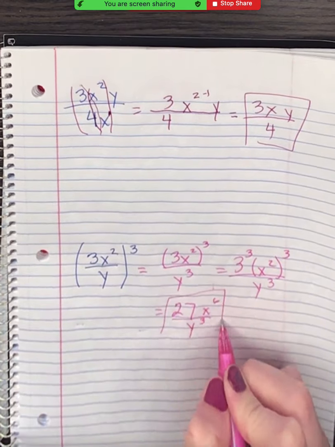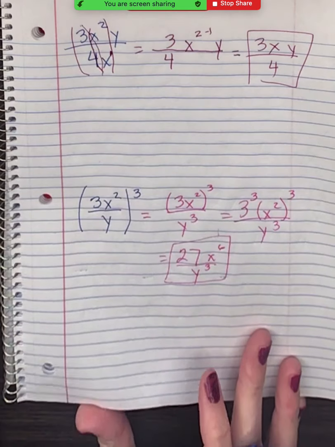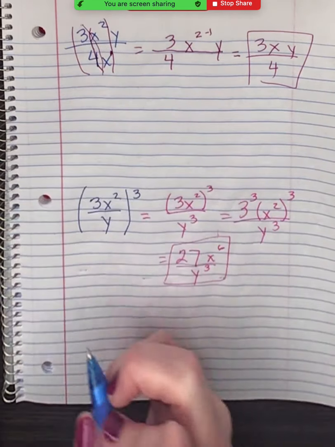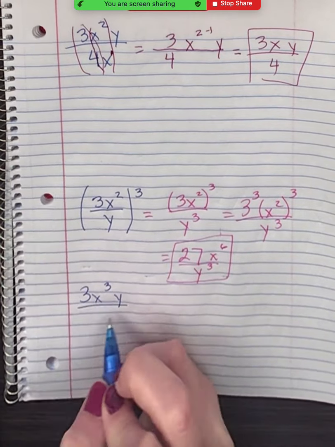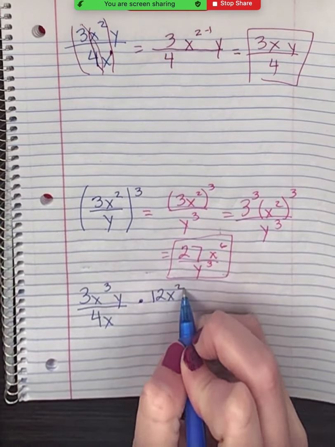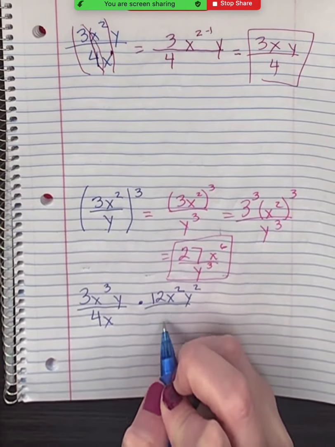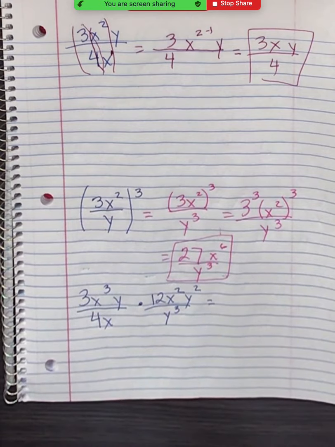Okay. Then I kind of left out part of 1. So I'm going to kind of come back up here. So it's 3x cubed y over 4x times 12x squared y squared over y cubed. Okay, so what I would do on this one is I would do the multiplication, right?